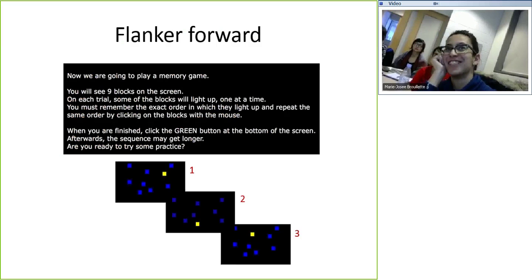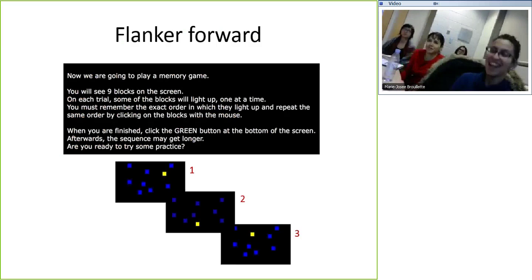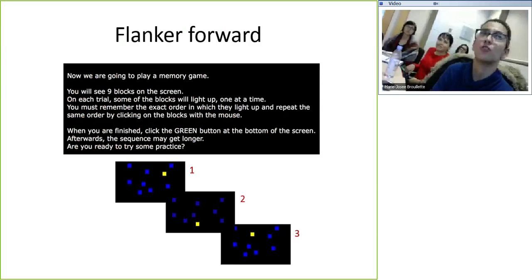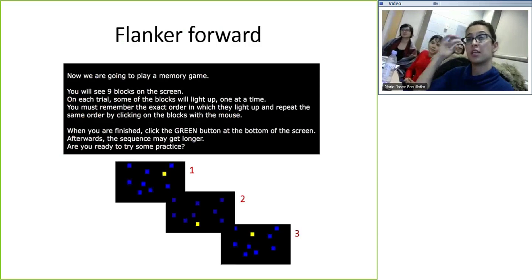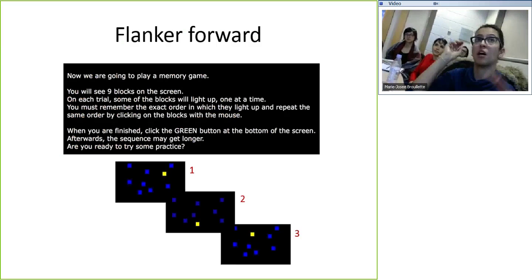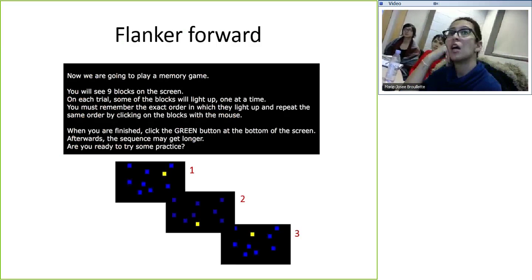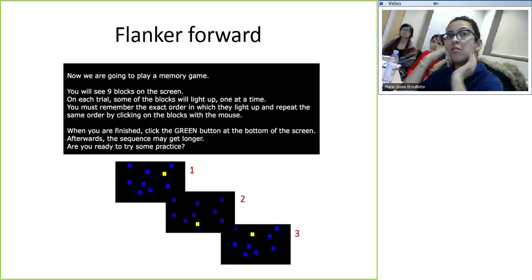So that's the recall. Now the Corsi. For the Corsi, there is a forward and backward version. They see 9 blocks on the screen, and the blocks light up in a certain order. Here we have an example.